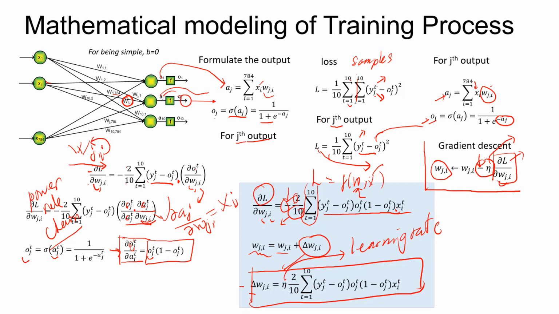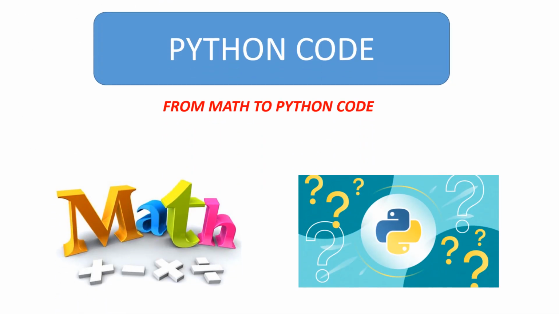Next we will try to deploy this concept using matrices. Using matrices and matrix multiplication in Python, we can easily implement the concept of gradient descent for the simple example we have discussed so far. Okay, and see you in the next lecture.